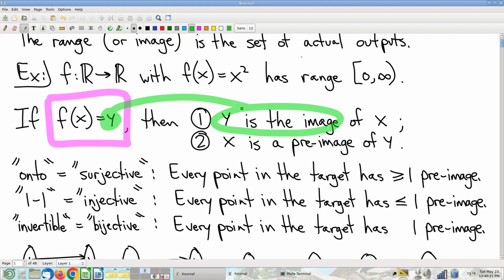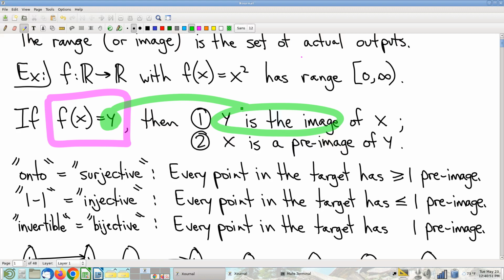So now this is same word, slightly different usage as above. Above, when we talk about the image of a function, we're talking about the set of all outputs. When we talk about the image of a point, the image of an input value, here the input is x, the image of an input value is just that one output from the function. Same word, different context. So context will always make it clear which one is being referred to.